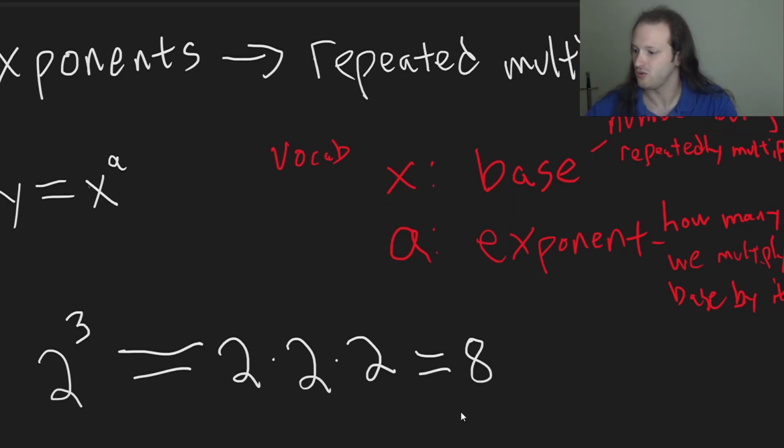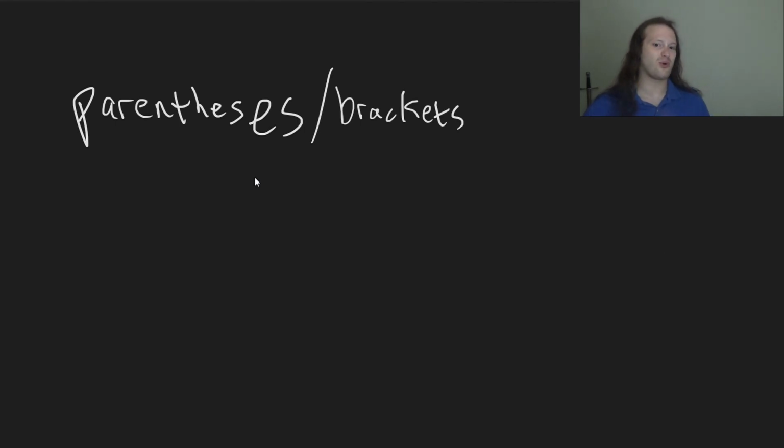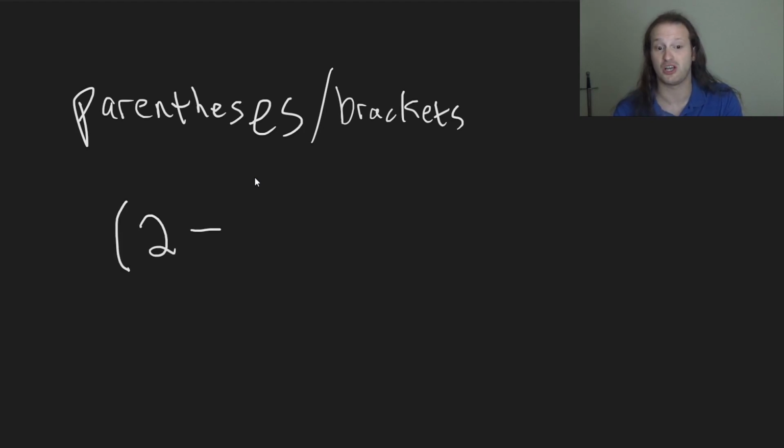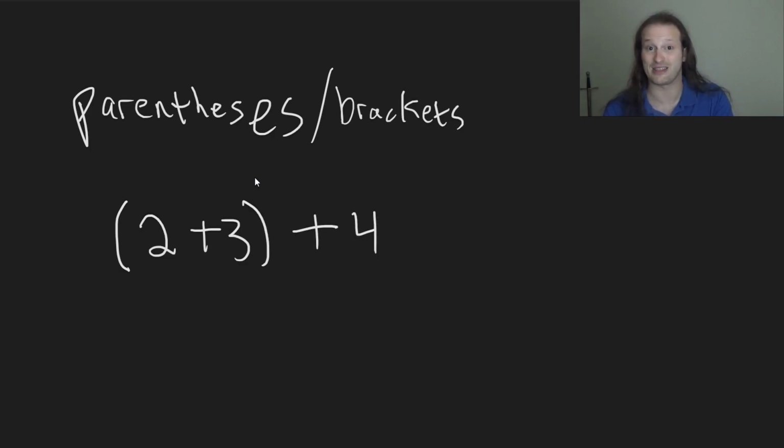There is one other thing when it comes to operations: parentheses, brackets. The parentheses aren't really an operation. It keeps an order of preference. So when I have 2 plus 3 plus 4, with the 2 plus 3 in parentheses, I want to do the thing inside the parentheses first.